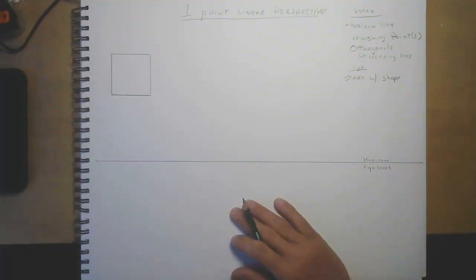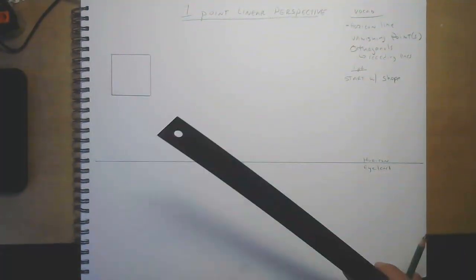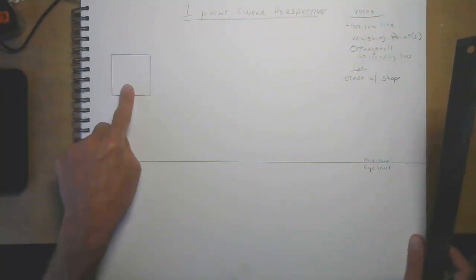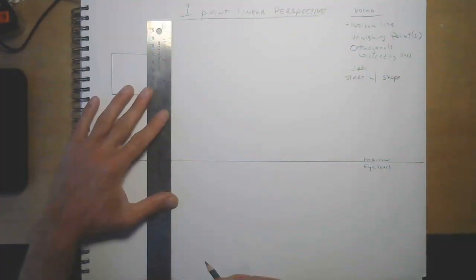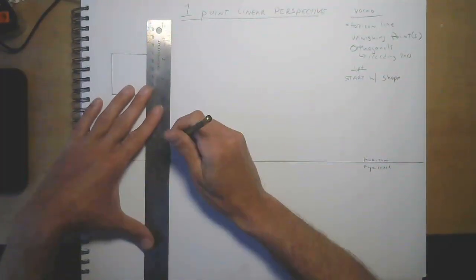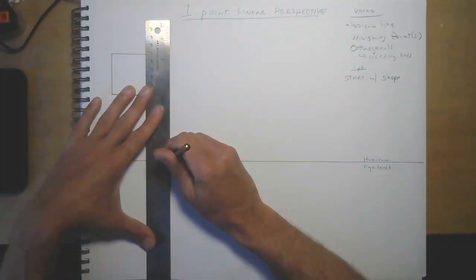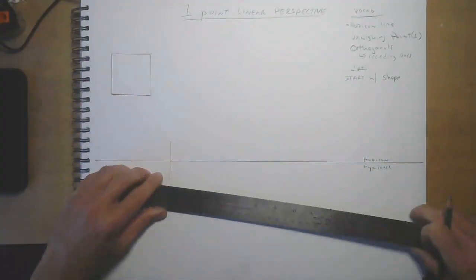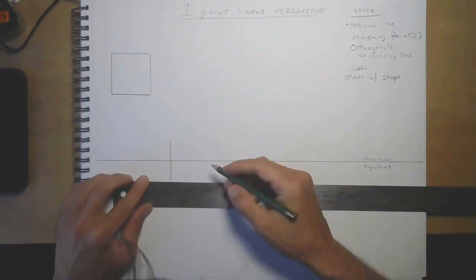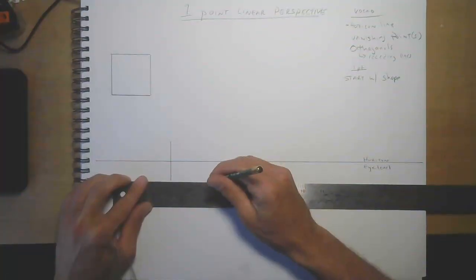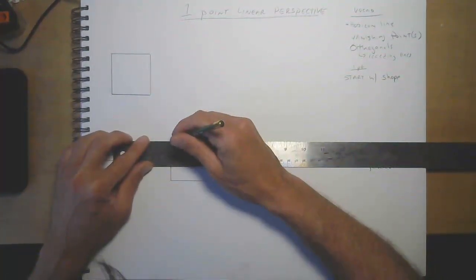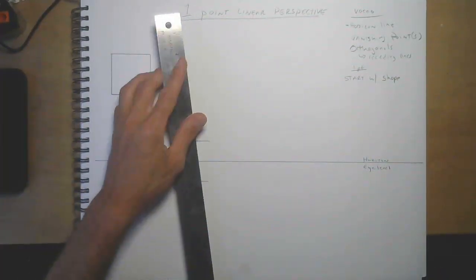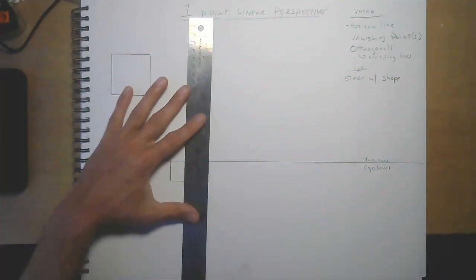So we start with a square, and I'm going to do one above the horizon line. I'm going to do one that bisects the horizon line. And then I will do one that is below the horizon line as well.